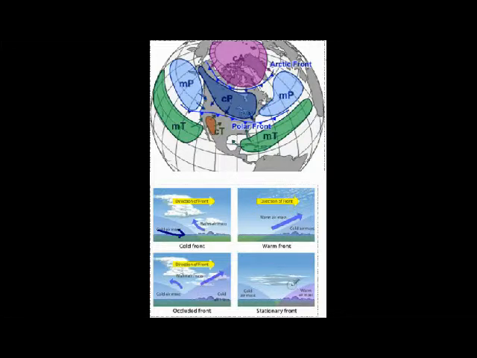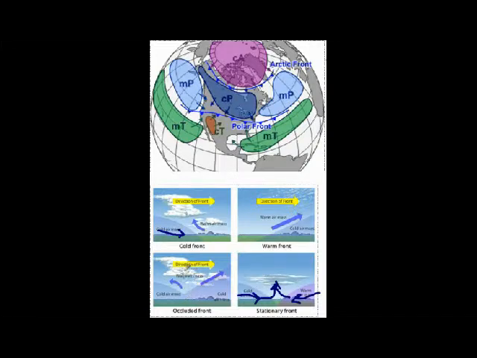The third kind is a stationary front, and here you can see that the warm air mass is pushing, and so is the cold air mass, and really neither of them is moving the other one, and so what ends up happening is the air that meets in the middle here kind of tends to rise, and you tend to get lots of stormy weather in these situations. And finally, the occluded front.